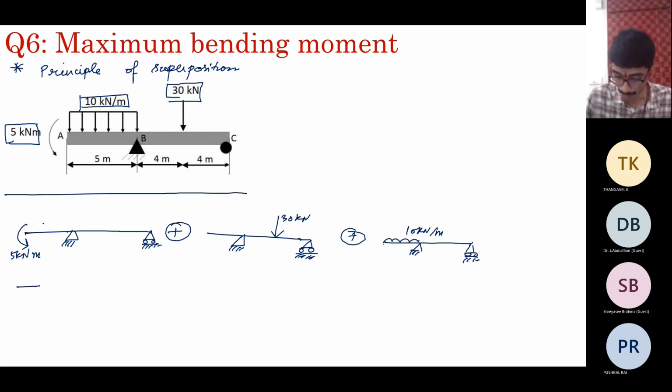Wherever you take a section, if you expose the internal forces, you don't have any force acting, so it is just the moment. You enforce sigma Fy equal to 0 at any internal point in this beam, and you get V equal to 0.